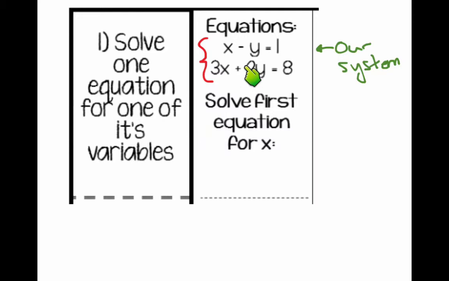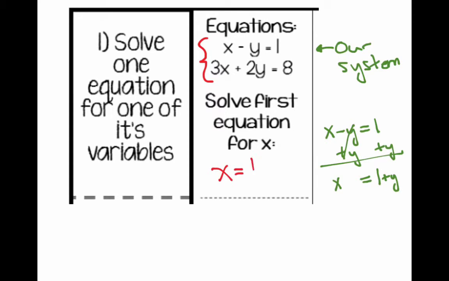So I'm going to turn this into either x equals something or y equals something. I happen to know by looking at this, I think the easiest thing to solve for is this x. So let me take that equation, x minus y equals 1. Add y to both sides. I'll end up with x equals 1 plus y.